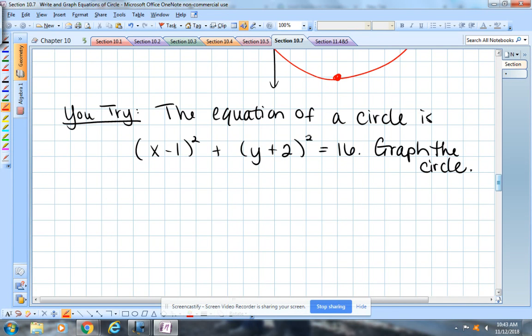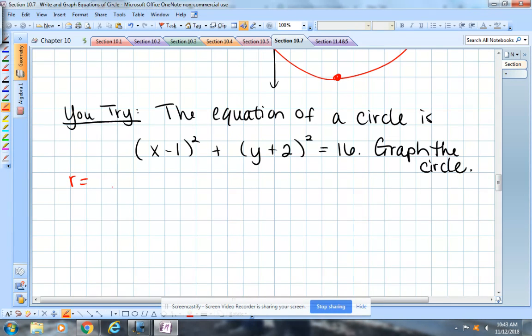The equation of a circle is x minus 1 squared plus y plus 2 squared equals 16. Graph the circle. So what 2 things do I need from my equation? Radius and the center.